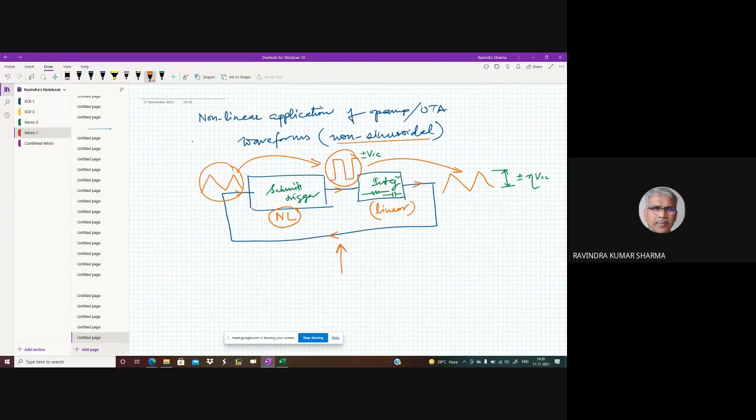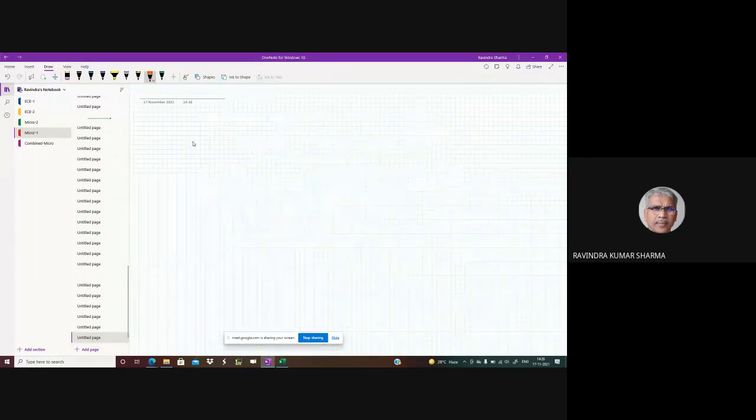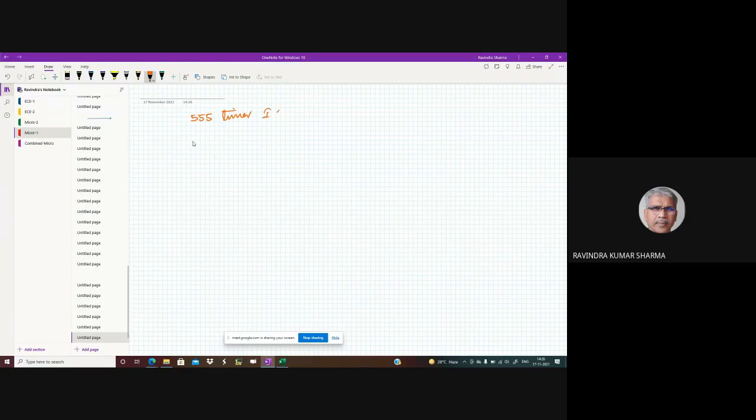There are other circuits also which you can make use of. For instance, if you generate rectangular waveforms using 555 timer IC, if you make use of it for realizing an astable multivibrator, then you can obviously generate waveforms which have T on and T off different, right?